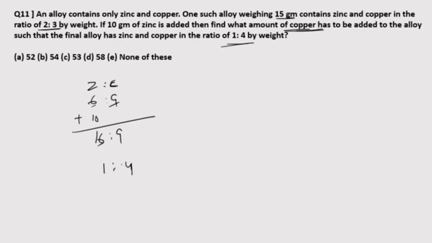Zinc is 16 here, so make it 16 there. If it's 16 here, this has to be 64, right? In the second ratio 1:4, I simply multiplied by 16, so 16 is 64. As copper is added, I kept the zinc part the same. So what amount of copper is added? 9 to 64, 55 grams. So option E. Let's move to the next question.